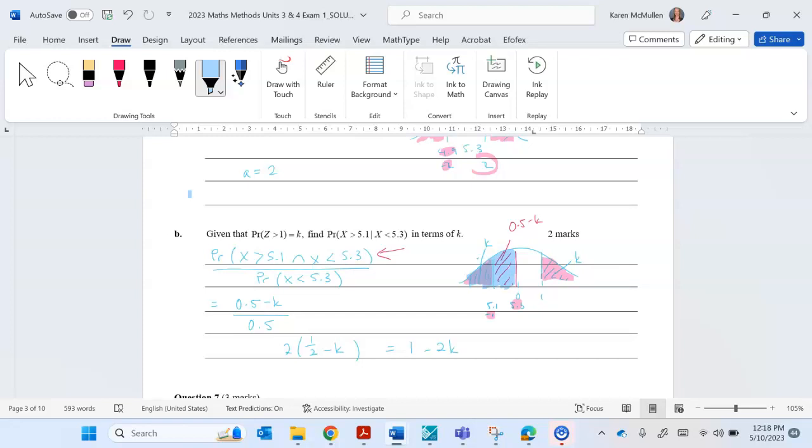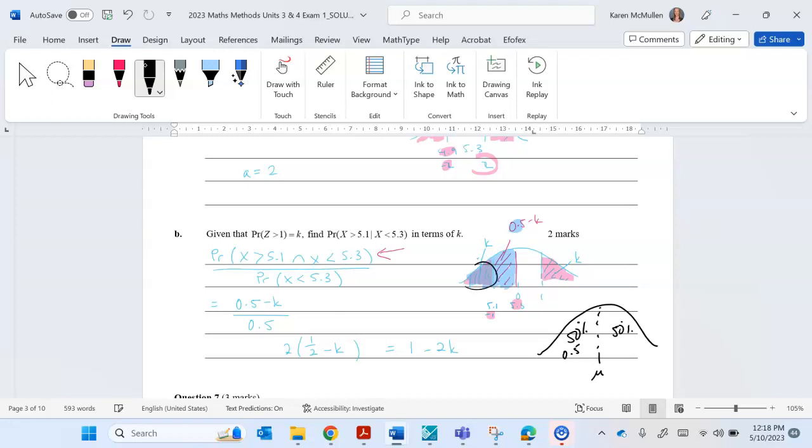So 0.5 minus k. 0.5 coming from the fact that 5.3 is, let me just draw it again, when your mean is in the middle, here's 50%, and as a decimal, it's 0.5. So that's where the 0.5 has come from. And then that red section is 0.5 minus k.